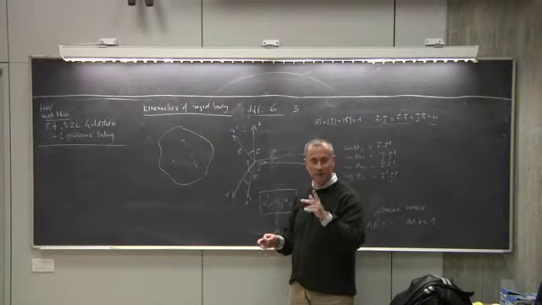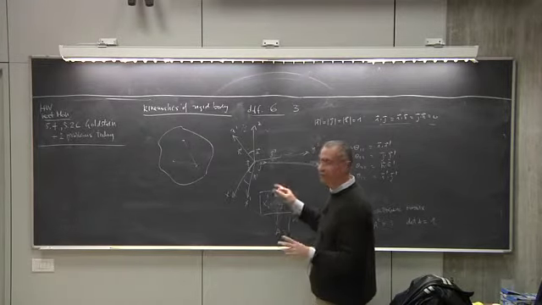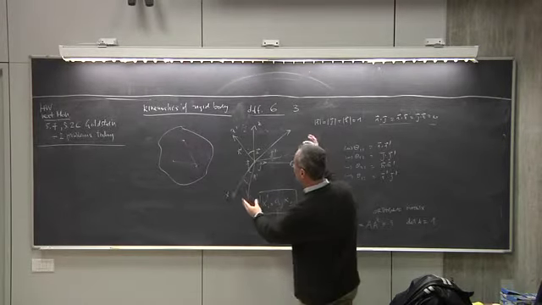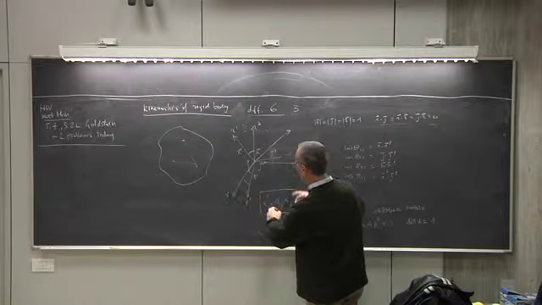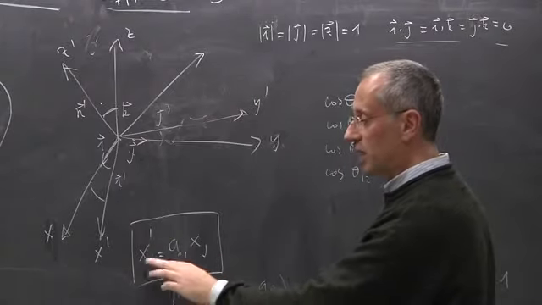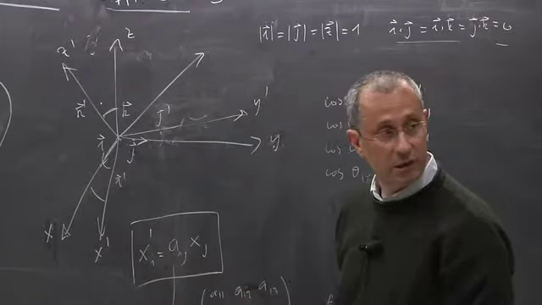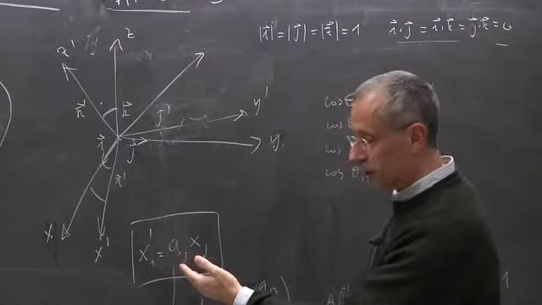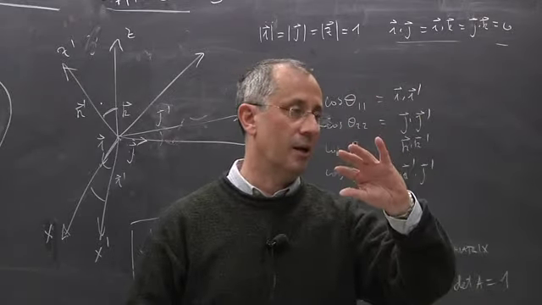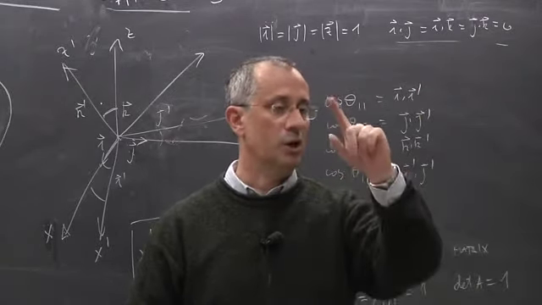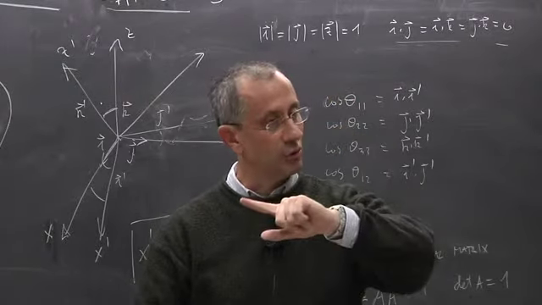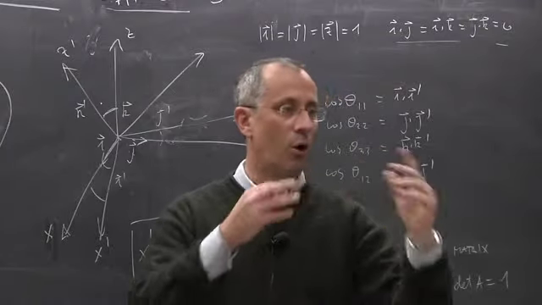You have a vector here, and if you rotate your axis according to this rule, the components of this vector change according to this multiplication, given the rotational matrix. But you can always think of the dual picture in which the set of axes remains fixed and the vector is rotating.